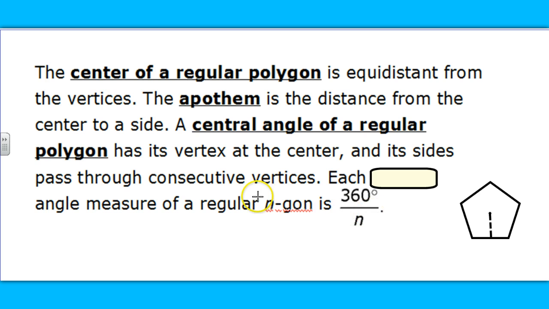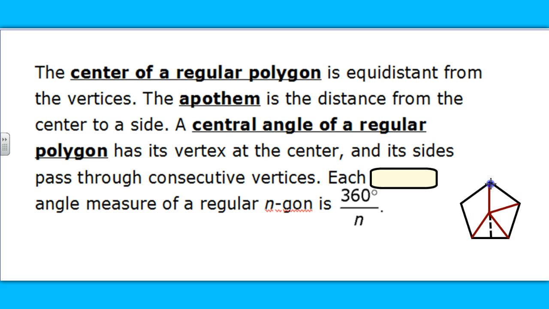Okay, so how can we find the number of degrees of a central angle? Now here's a central angle. It's made by drawing a segment from consecutive vertices to the center, right? We can draw them all the way around.